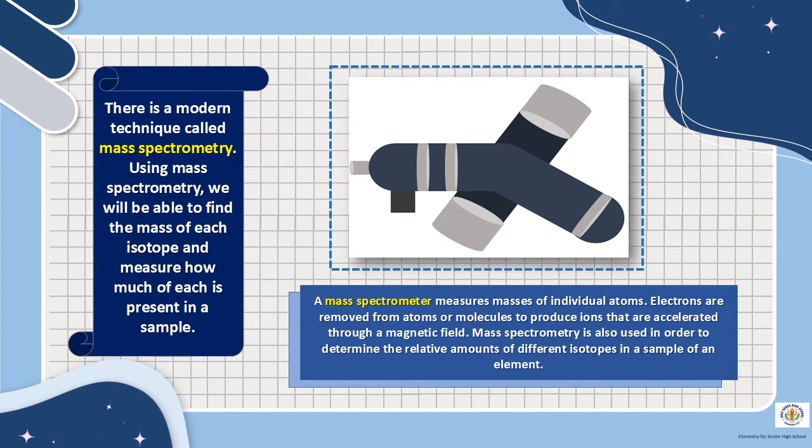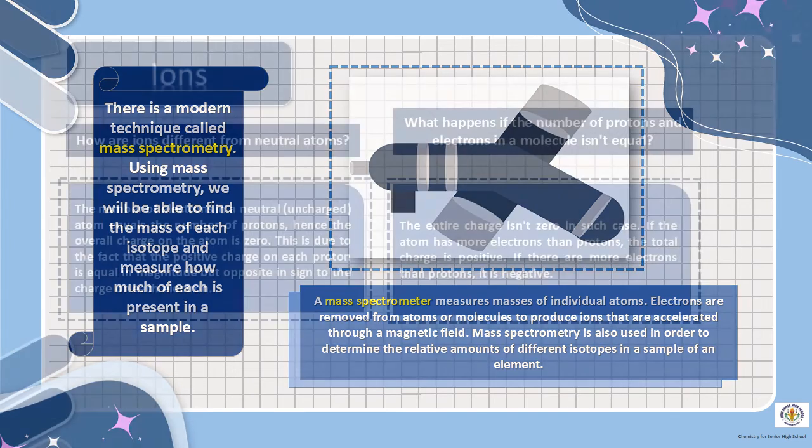Mass spectrometry is also used in order to determine the relative amounts of different isotopes in a sample of an element. Mass spectrometry is an analytical tool used for measuring the mass-to-charge ratio of one or more molecules present in a sample. These measurements can often be used to calculate the exact molecular weight of the sample components as well.